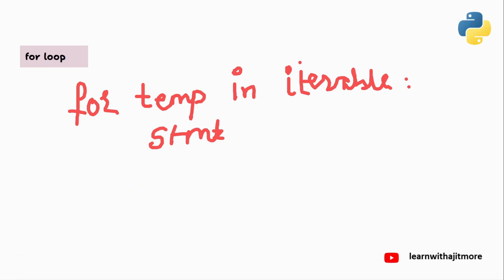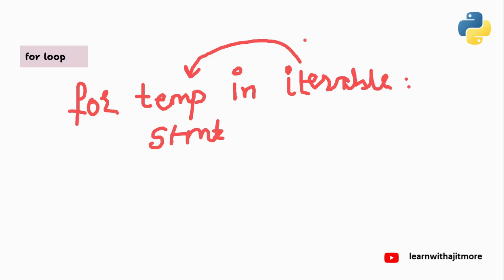Now how will it work? From that iterable, one by one value will be copied into that temporary variable. Like in this iterable, there are 5 values. It is copied, not removed from here. It will remain there in the iterable. It will just copy one by one value. So the first value is copied from the iterable into temporary. Statement performed.